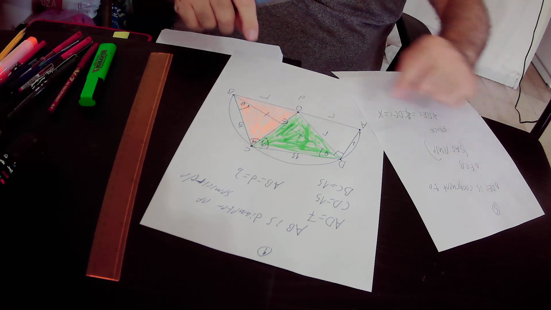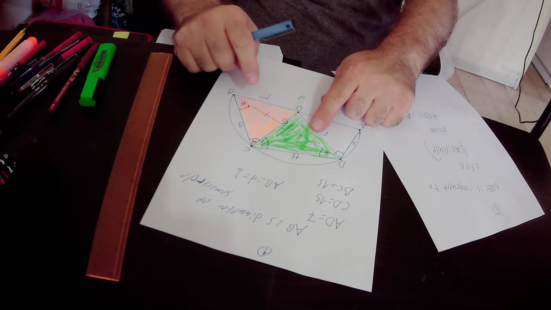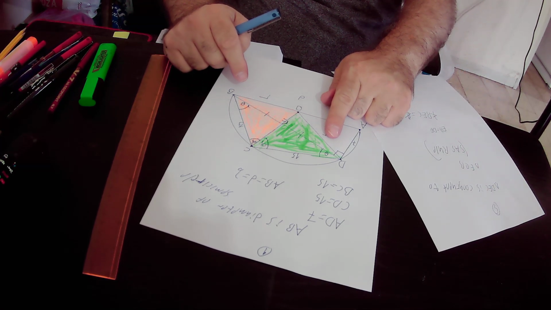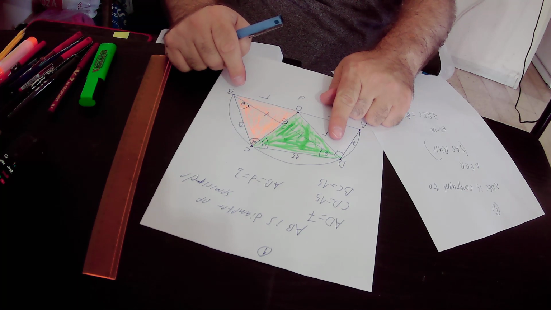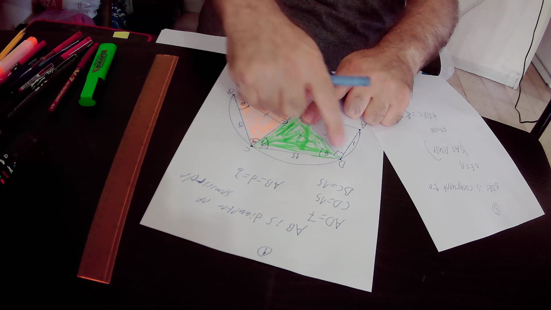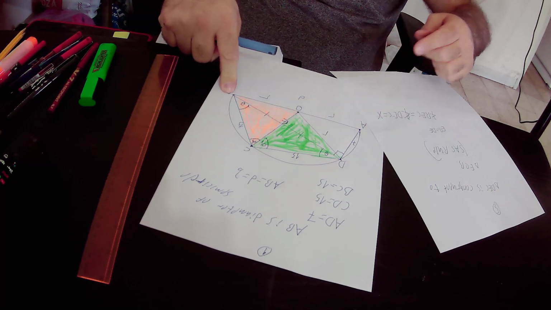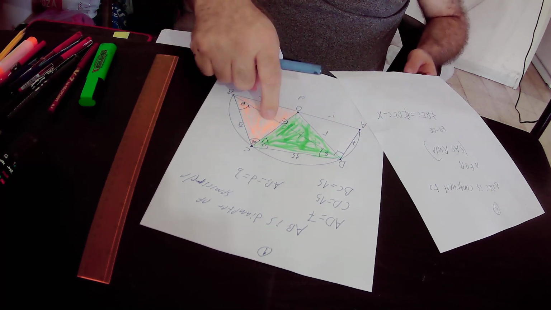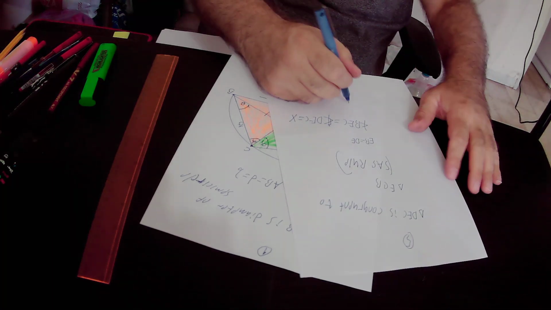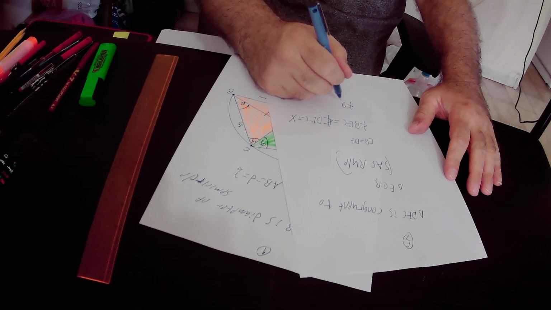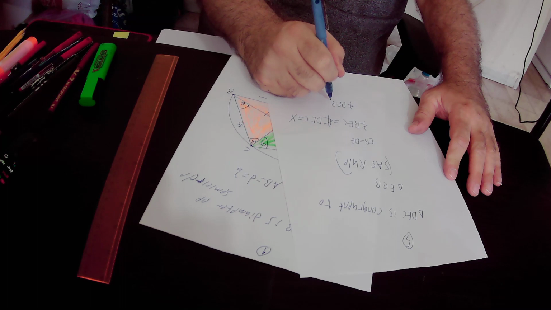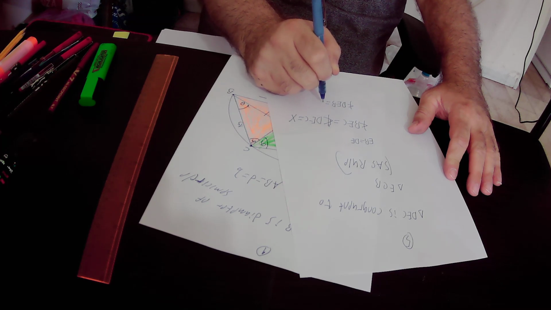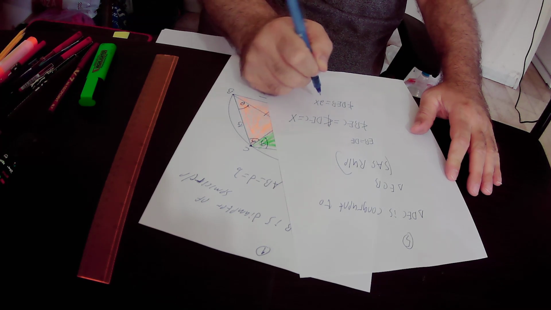So actually the size of this angle DEB is equal to x plus x, that is 2x degrees.